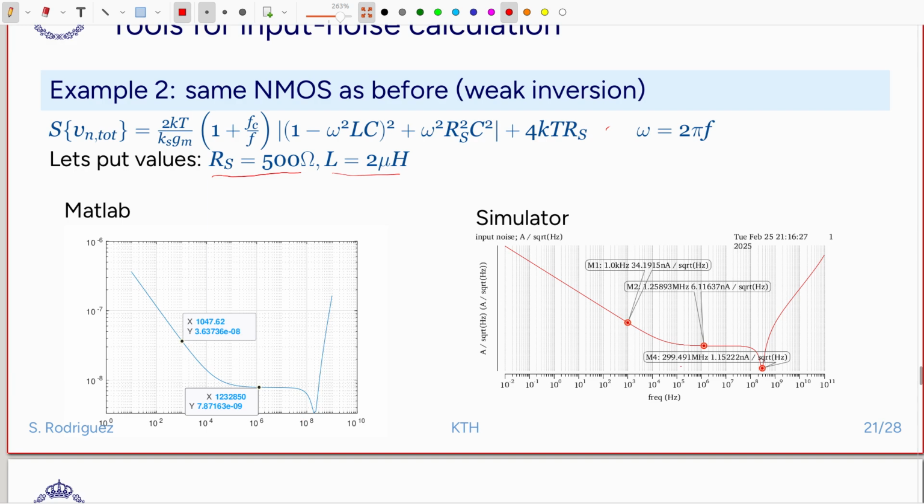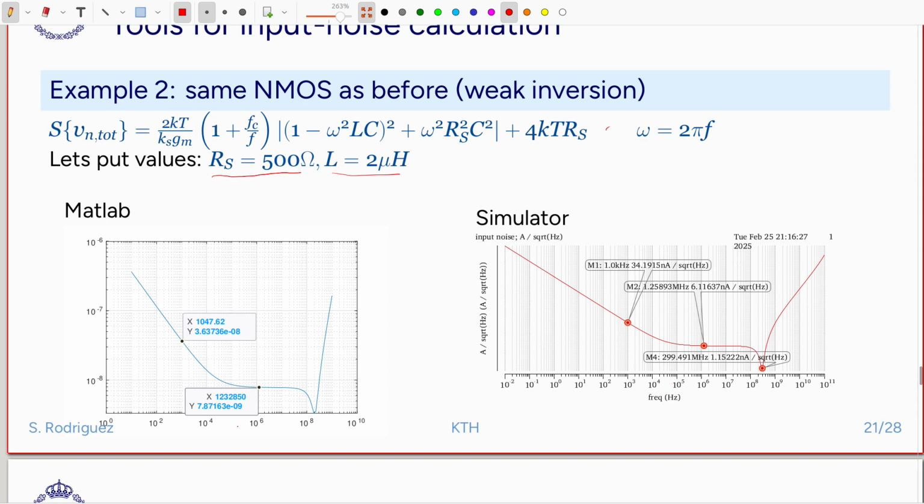Then I run the same circuit in Cadence, and I'm going to show you the simulation setup very soon. Then I get the following plot. Now we can check first that the equation is giving me a valid result.